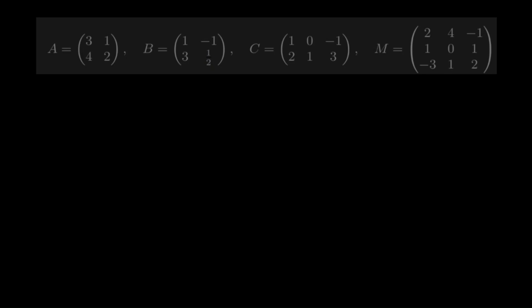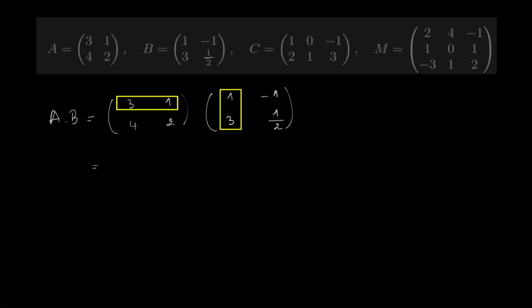Now let's move on to matrix multiplication. We want to compute A times B. We need to multiply the rows of the first matrix by the columns of the second matrix. For the first row multiplied by the first column, we get 3 plus 3.